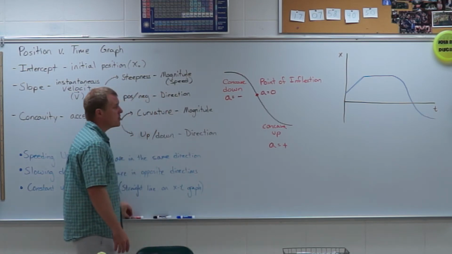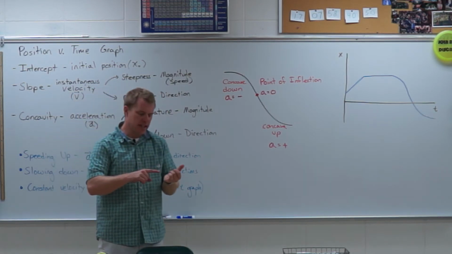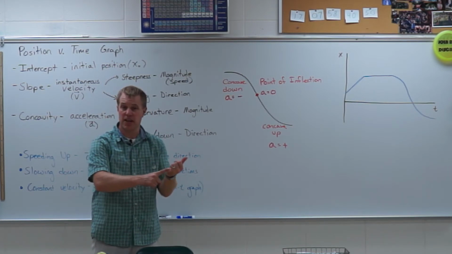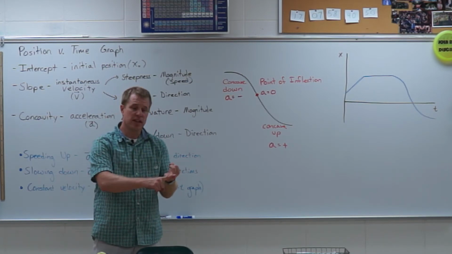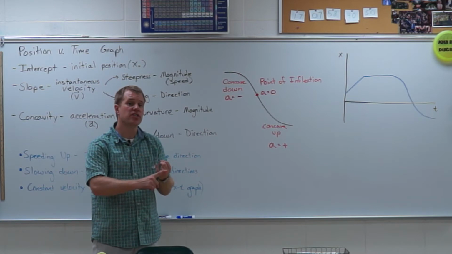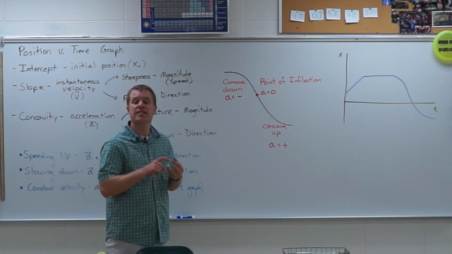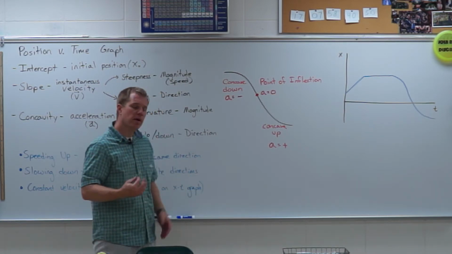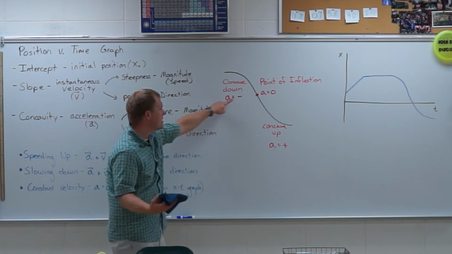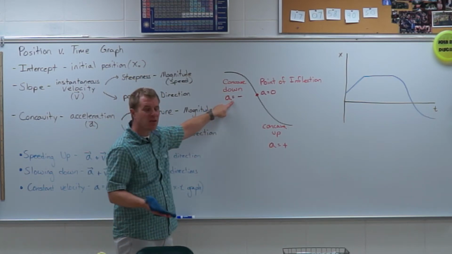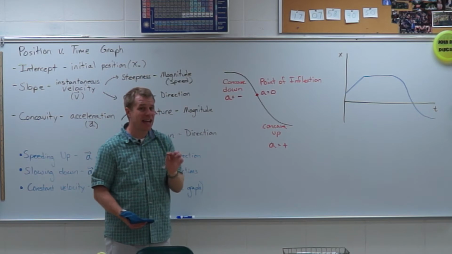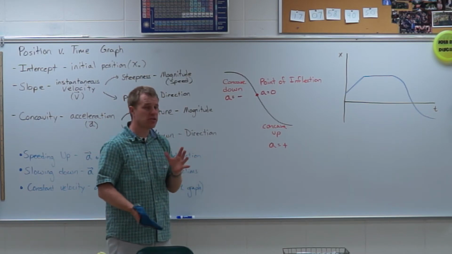So now I can look at a graph, I can say what the velocity is, positive, negative, or 0. I can look at the concavity and tell you if the acceleration is positive, negative, or 0. I can tell you about the position, but what we want to be careful of is if my acceleration is negative, that's only telling me a direction. It's not telling me if it's slowing down or speeding up.